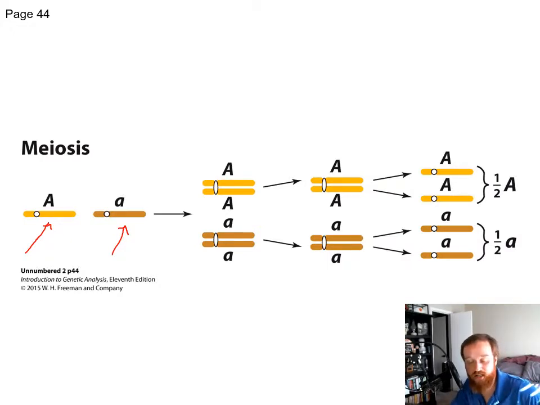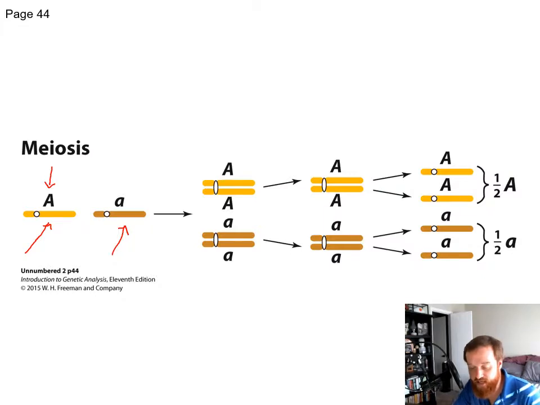So we look at the yellow chromosome here, and we have a big A. And so we call this a dominant allele. An allele is just a version of the same gene. They could have mutations in different points, one could be dominant versus recessive, and we'll get a little bit more into alleles in a second here.